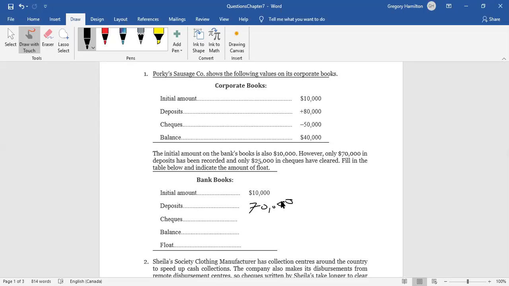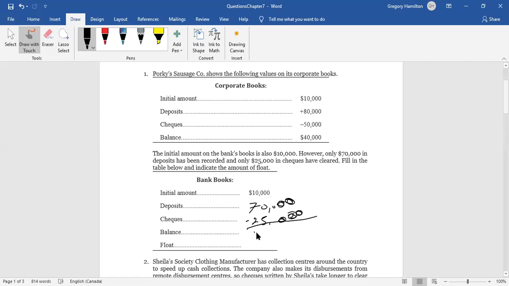These are zeros, all written zeros. Right? And then it also says that the check would only be 25,000. So therefore we put 25 here. Again, poorly written zeros. So what would be our balance?